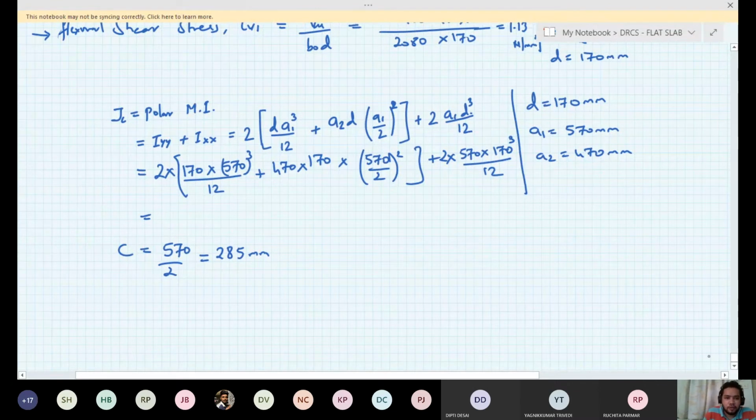So then we can find out, you find this value. This was the flexural shear. Now we'll find the shear stress due to shear couple.